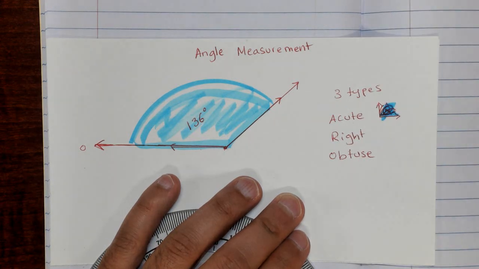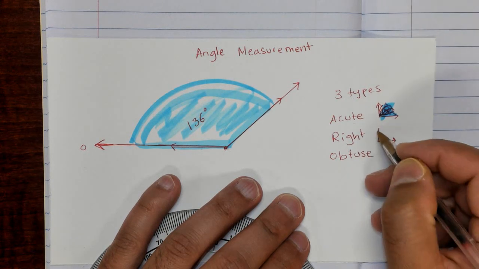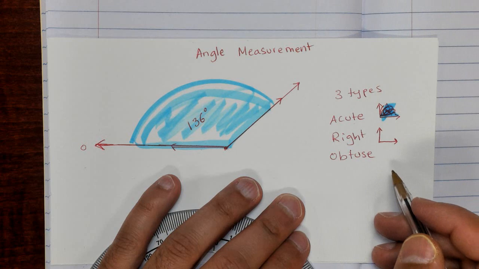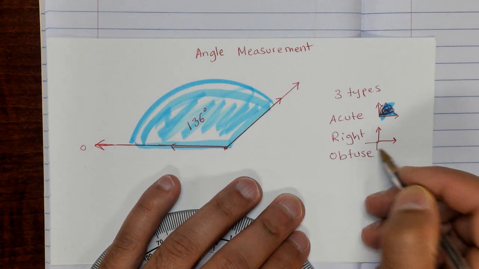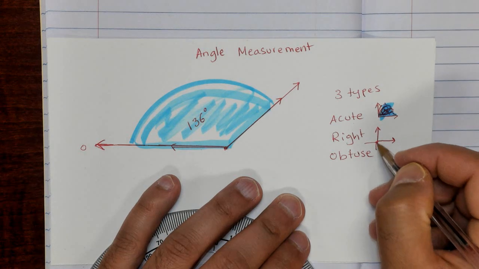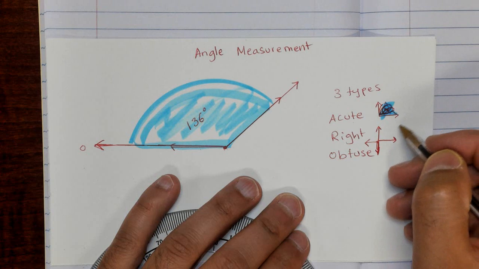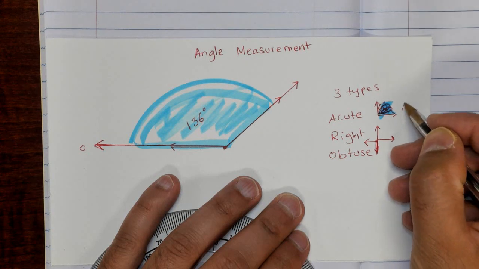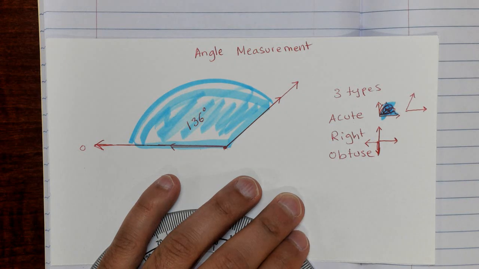Okay, let's start with a right angle. A right angle makes an L shape like this, okay, or sometimes makes like a T or an X. That's a right angle. An acute angle is smaller than 90 degrees or a right angle.